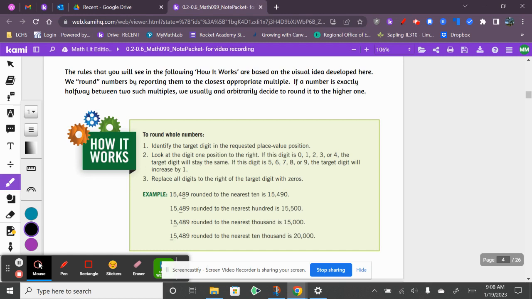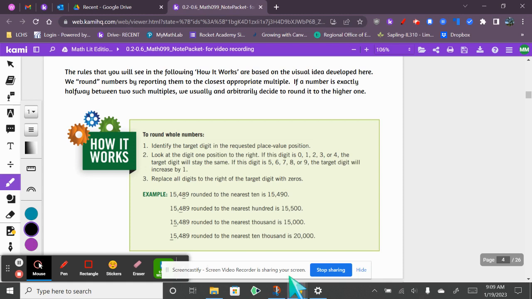If a number is exactly halfway between two such multiples, so like if we have a 5 as a deal breaker, we will always round it to the higher one.